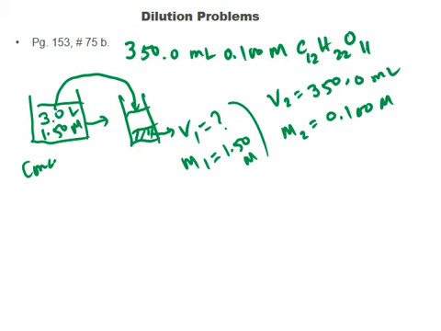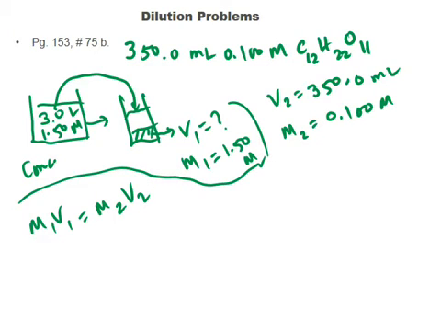Now, can I use M1V1? Yes, because in this case, solid did not change. Amount of solid did not change because you just added water to dilute it from concentrated solution to dilute solution. So I can safely use M1V1 equals M2V2, as amount of solid did not change during the dilution process.